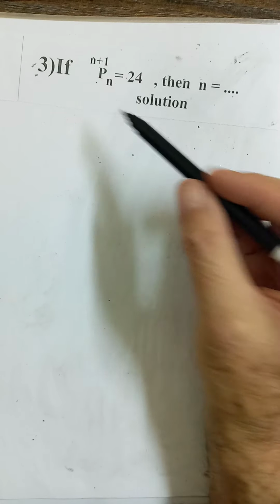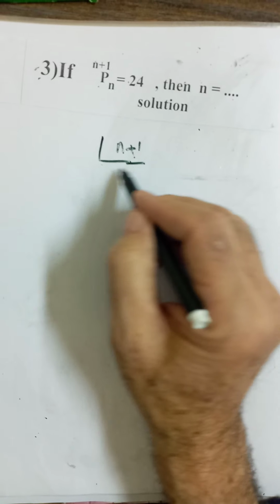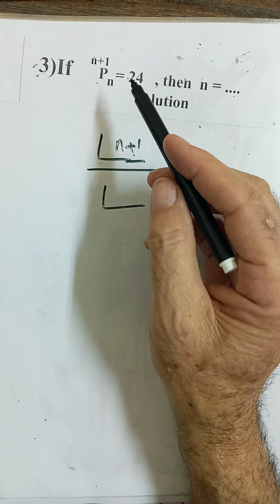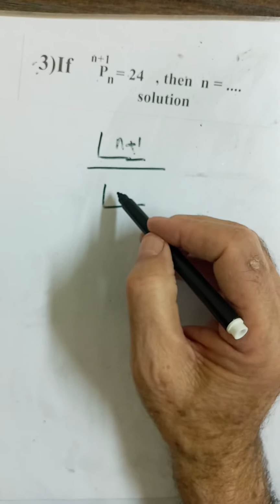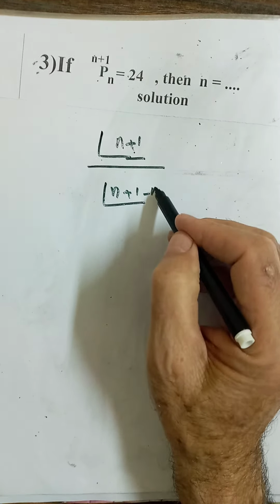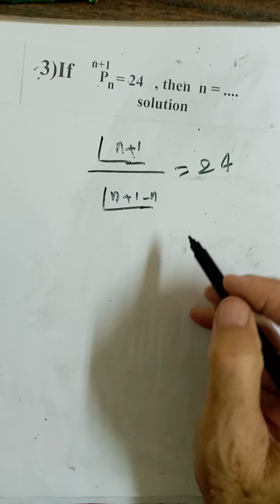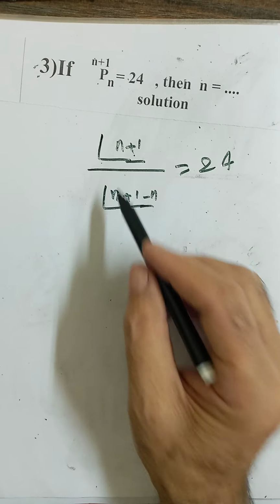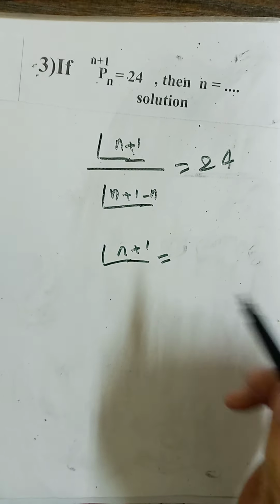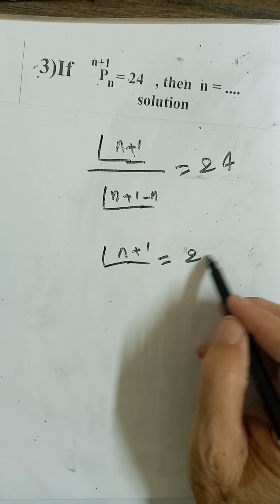n plus 1 Pn is factorial n plus 1 over factorial of the difference, n plus 1 minus n. This equals 24. Here factorial 1 equals 1, so factorial n plus 1 equals 24.